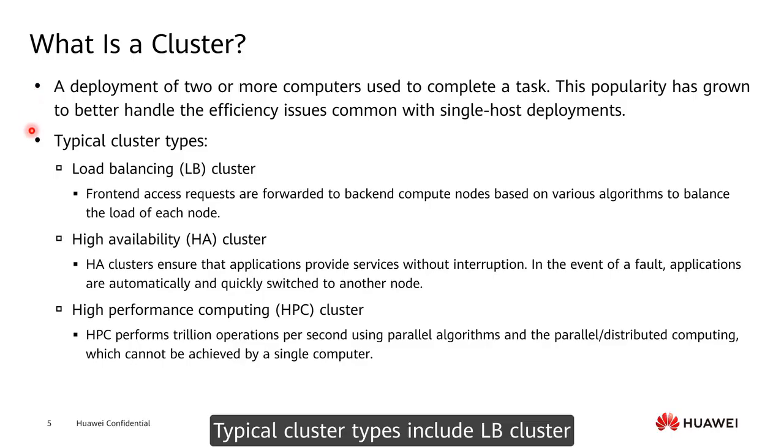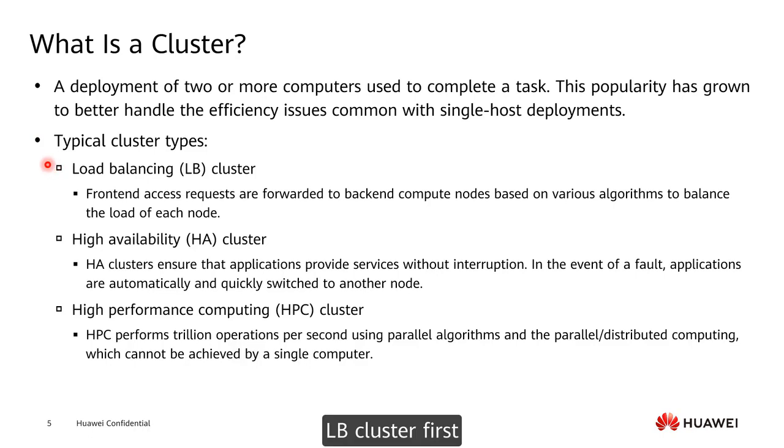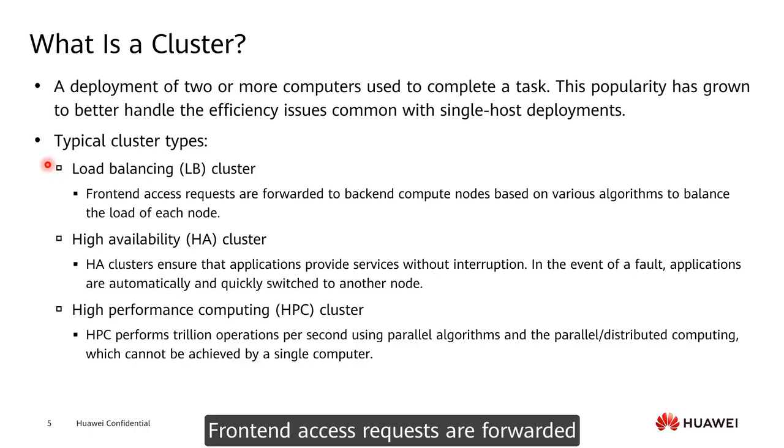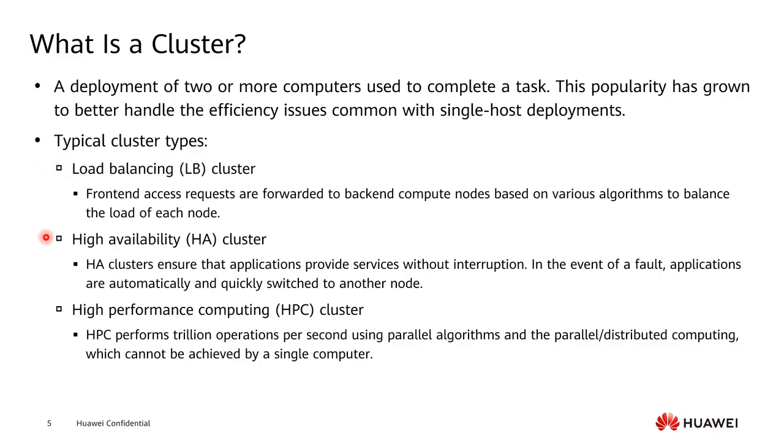Typical cluster types include load balance cluster, HA cluster, and HPC cluster. Load balance cluster first. Front-end access requests are forwarded to back-end compute nodes based on various algorithms to balance the load of each node. And then the HA cluster.